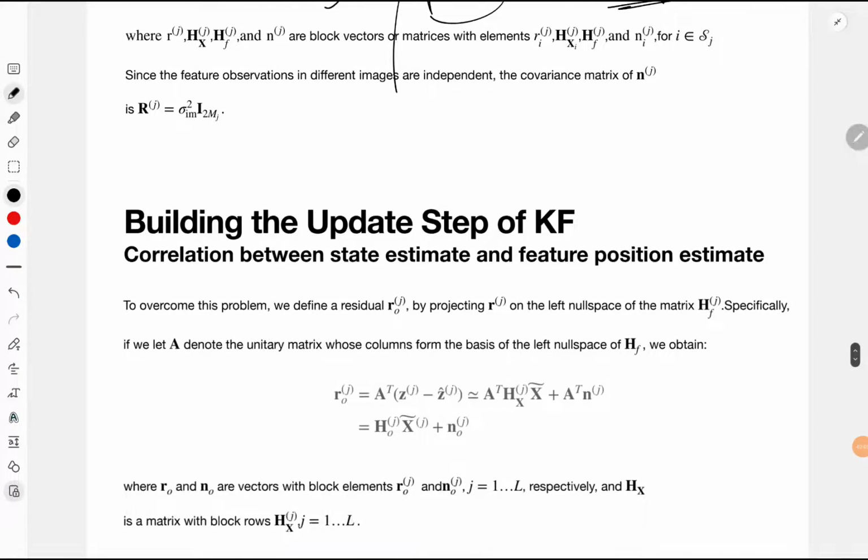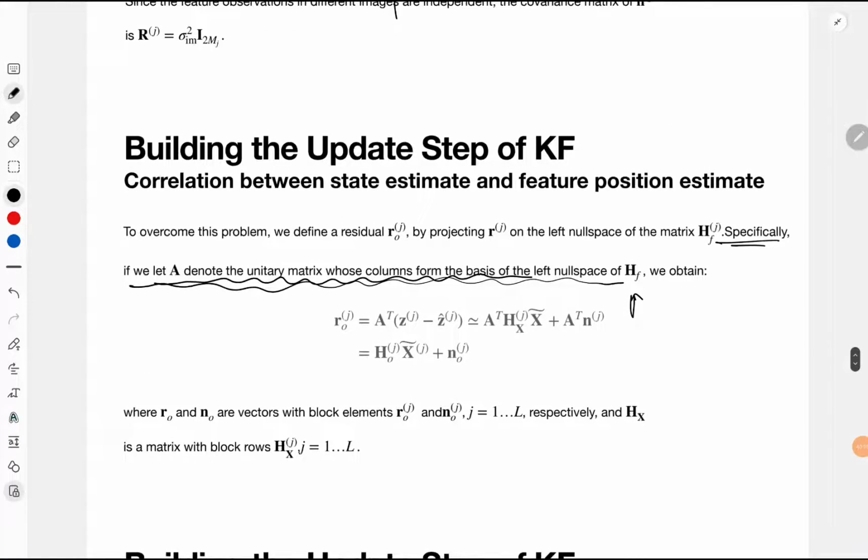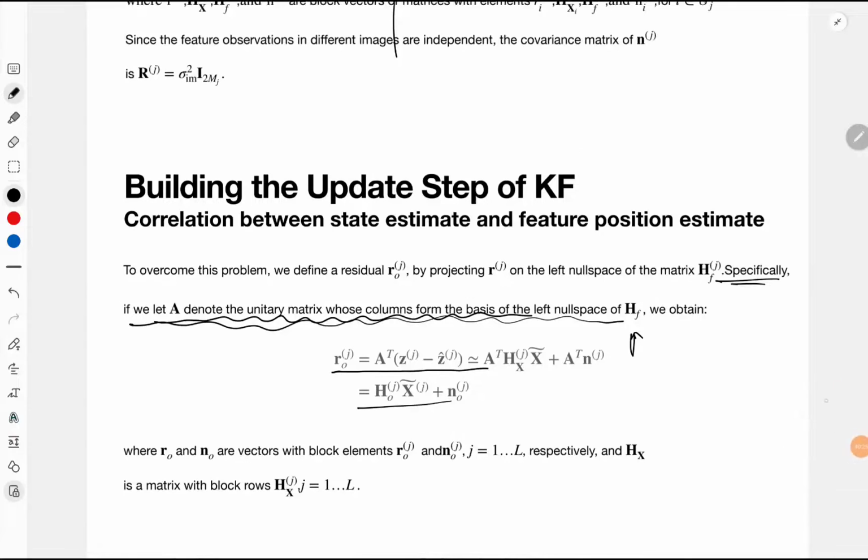So what you do is take a unitary matrix and project this entire thing onto the left null space of HF. That removes this term, and you have a more appropriate version of the residual.